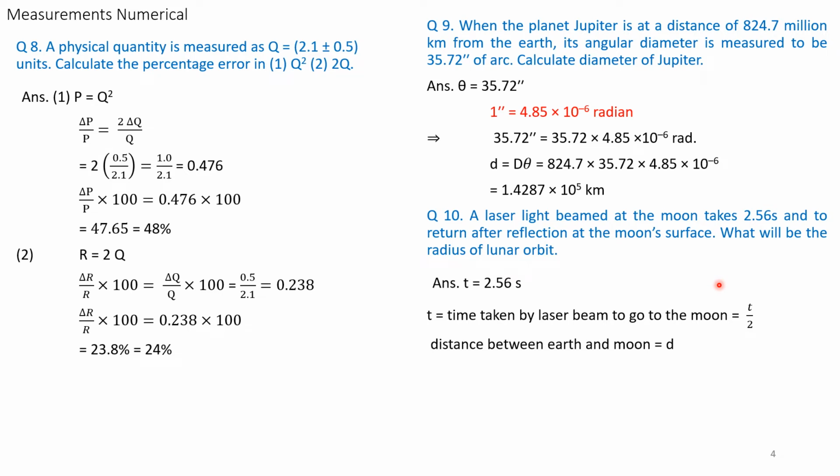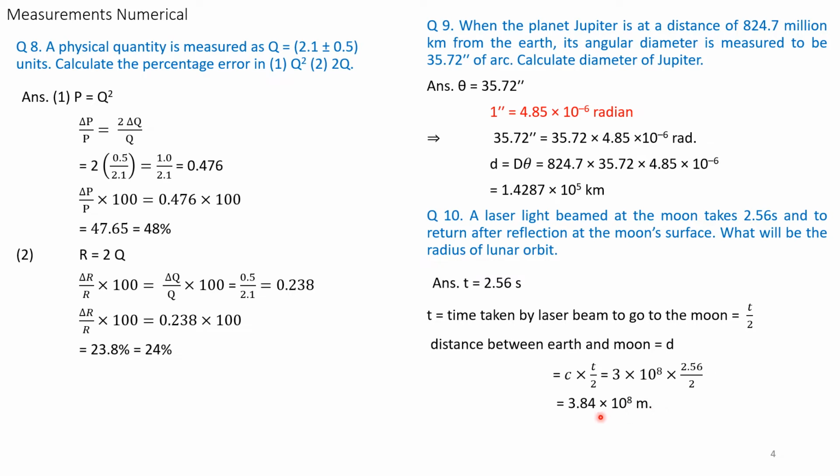The distance between Earth and moon is small d. Therefore, we have to calculate the distance in terms of velocity, that is c into t by 2. That is c is 3 into 10 to the power of 8 meters per second, into 2.56 by 2.